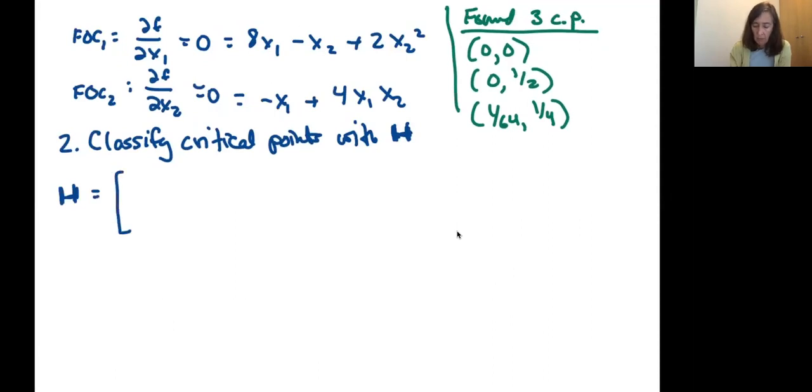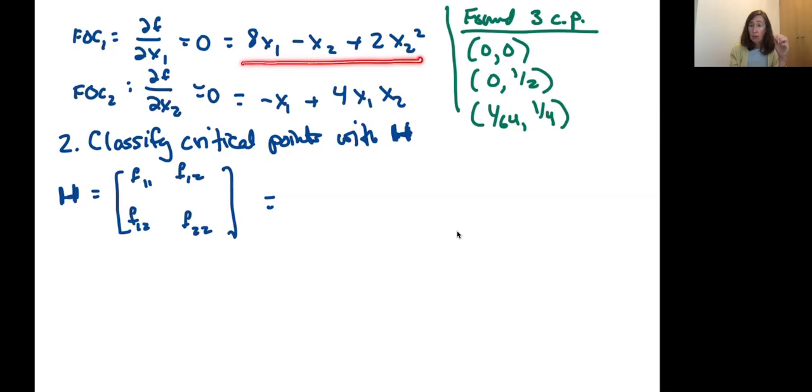Remember what I'm looking for is the direct second partials on the main diagonal and the cross partials on the off diagonals. For this function, the second derivative with respect to x1 both times, that's the derivative of the first derivative with respect to x1, is 8. So my f11 is 8.